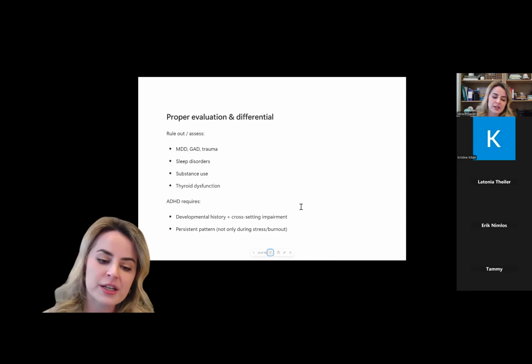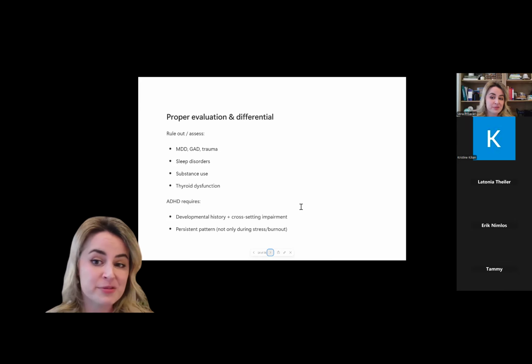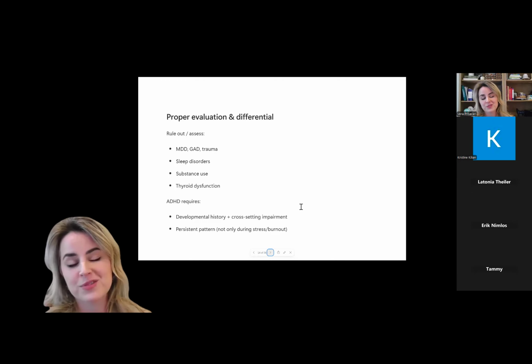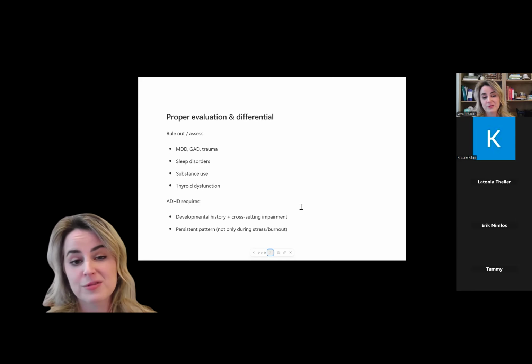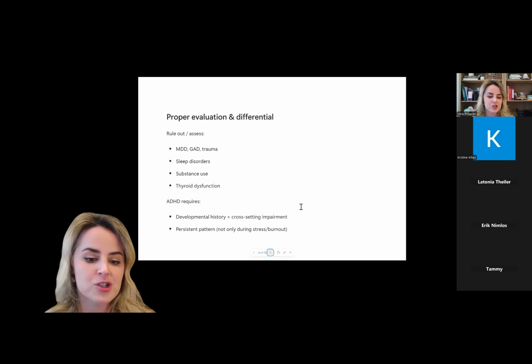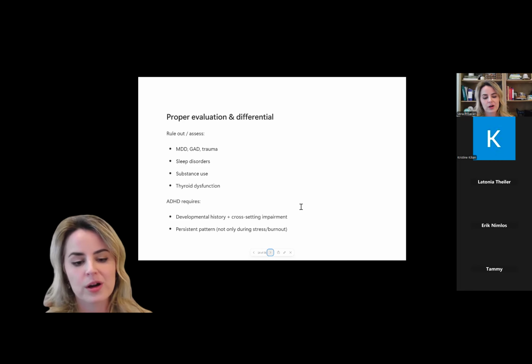And ADHD is a persistent pattern. It's lifelong, right? It starts in childhood and it's ongoing. It used to be that a lot of pediatricians would say that your child will grow out of ADHD. That's not the case anymore. Yes, some of the ADHD symptoms can improve with age, but not so much that it's going to be completely cured or that it goes away.